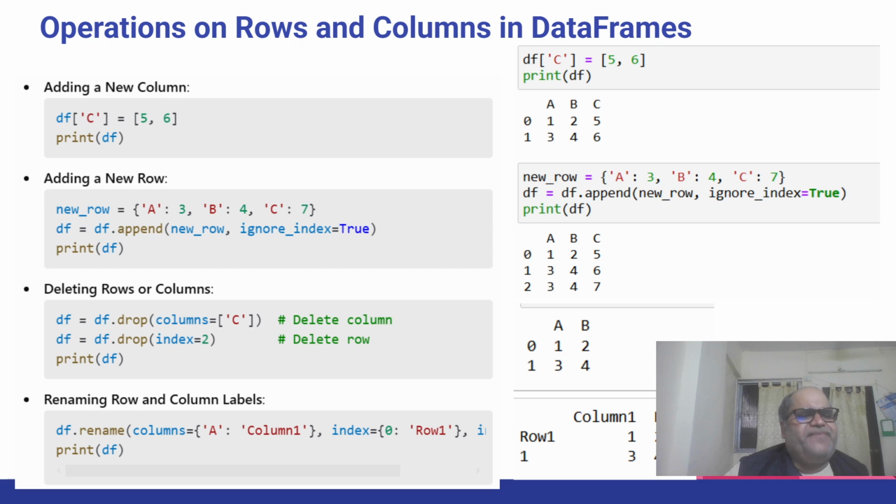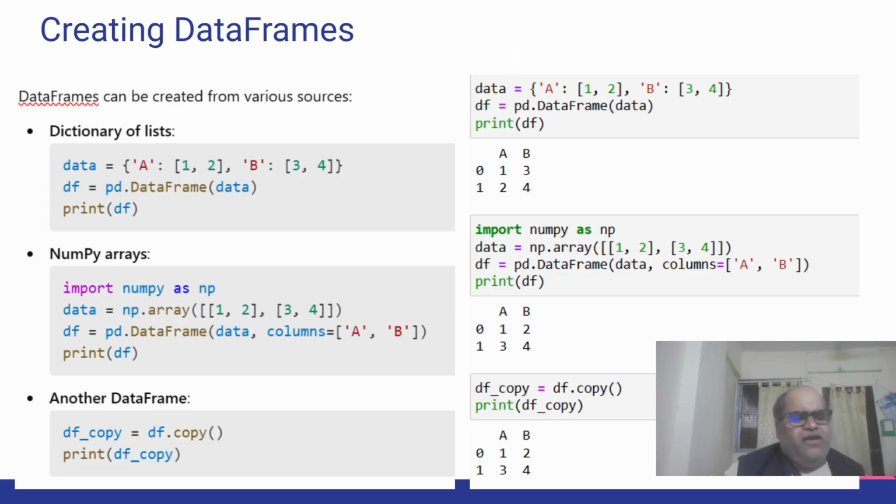Hope this is helping. Let us look at some of the operations on rows and columns in data frame. So say in the previous case, you are having your data frame df created by either of these equivalent routes, where we are having two columns A and B, and two rows 1 2 3 4.